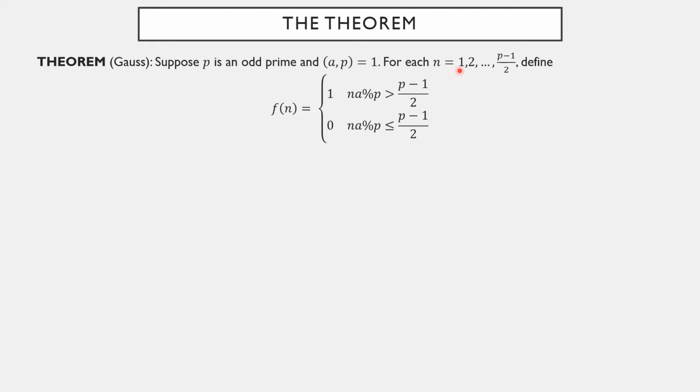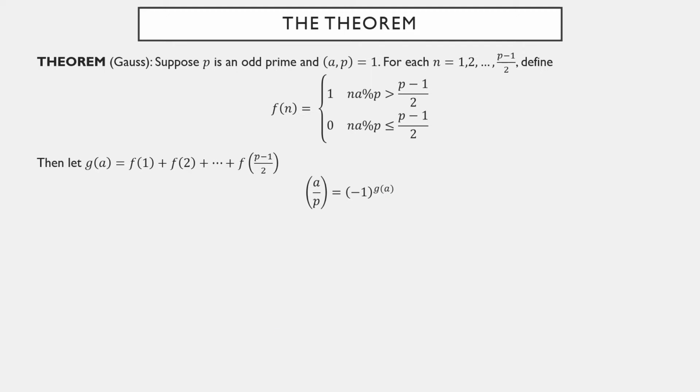So as n counts 1, 2, 3, 4, and so forth up to (p minus 1) over 2, you compute the multiples of a and ask, is the remainder bigger than this or less than or equal to it? Accordingly, you spit out a bunch of 1s and 0s. Then let g of a be the sum of all of those. Then Gauss's method is that the Legendre symbol a over p can be computed as -1 to that power.